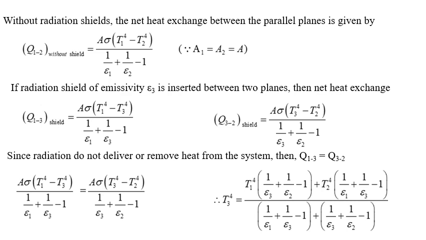Therefore T3 to the power 4 is equal to T1 to the power 4 into (1 by epsilon 3 plus 1 by epsilon 2 minus 1) plus T2 to the power 4 into (1 by epsilon 1 plus 1 by epsilon 3 minus 1), whole divided by 1 by epsilon 1 plus 1 by epsilon 3 minus 1 plus 1 by epsilon 3 plus 1 by epsilon 2 minus 1.